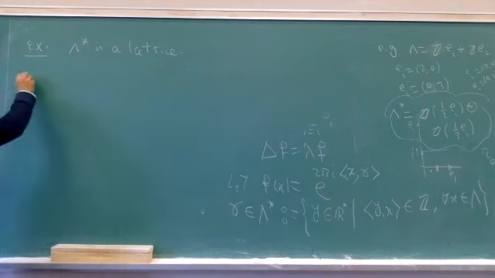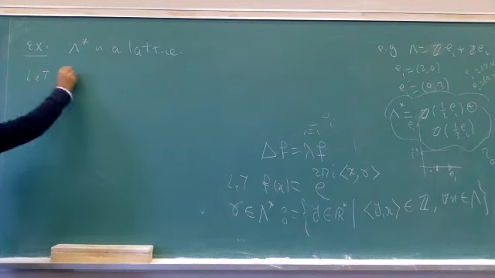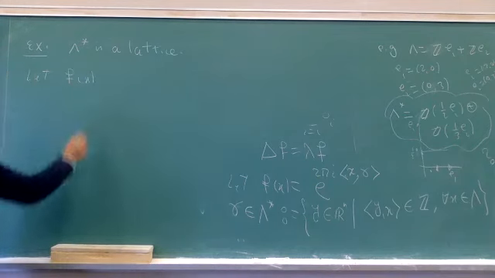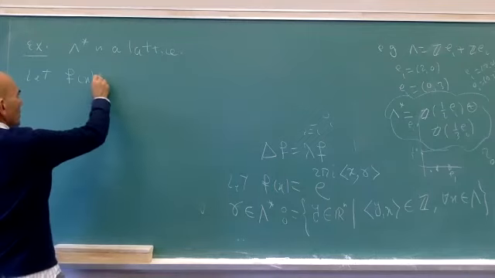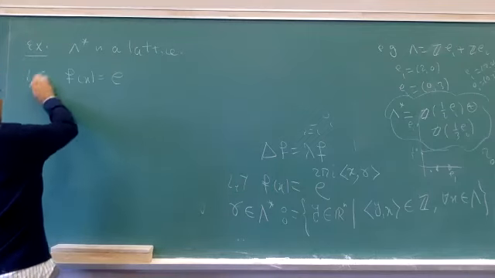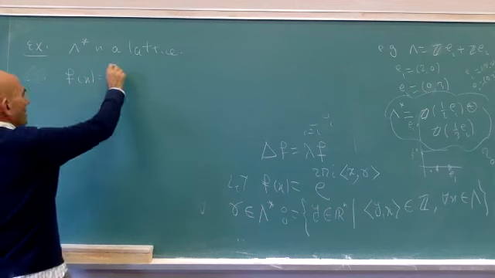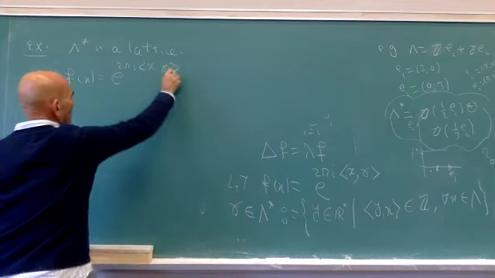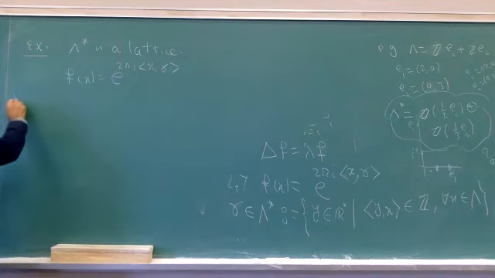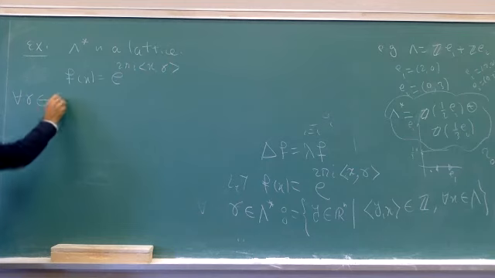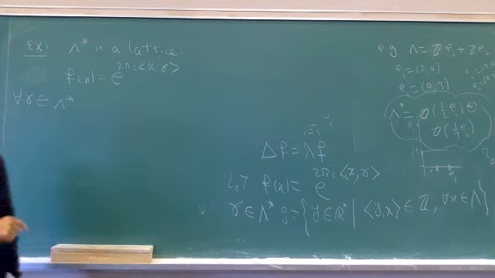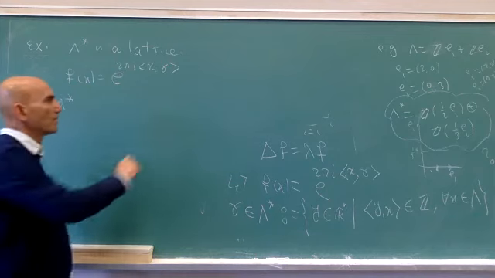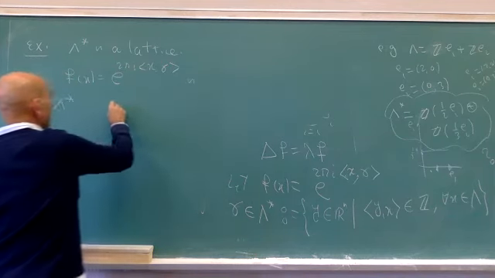So, definition: let f of x equal e to the 2 pi i x gamma. Now for every gamma belonging to the dual lattice, lambda star, this f of x is gamma periodic, right?